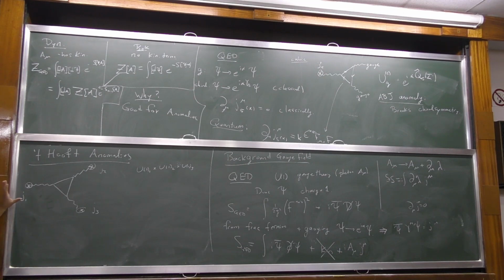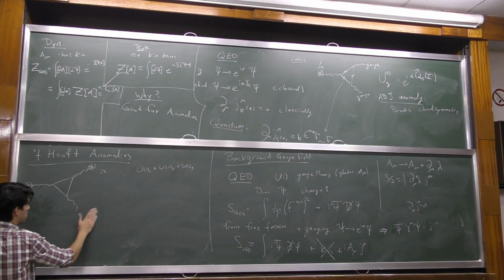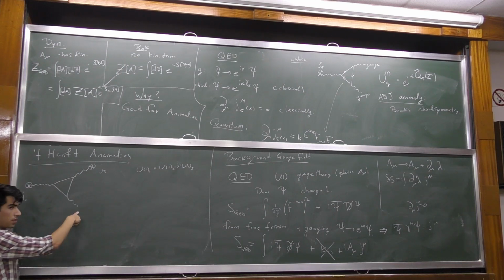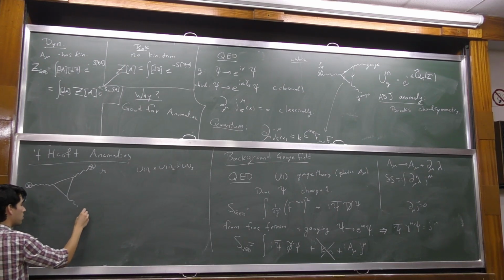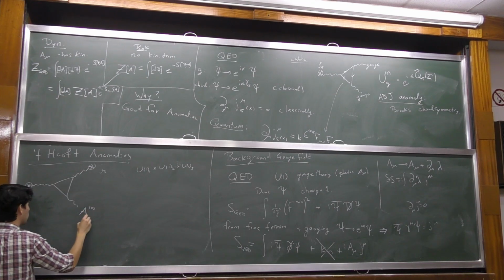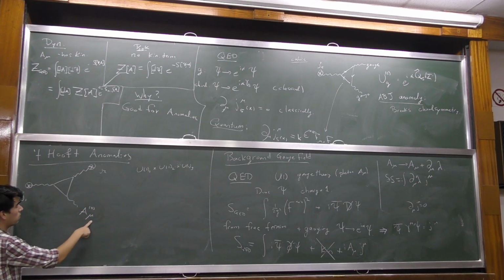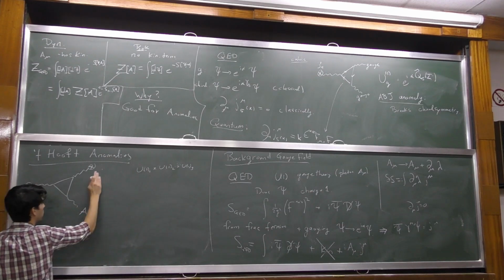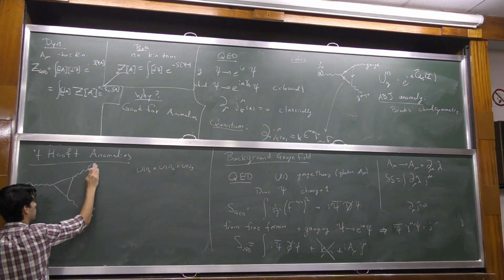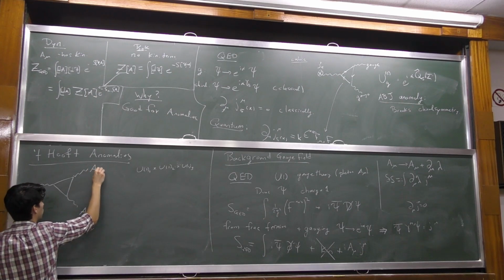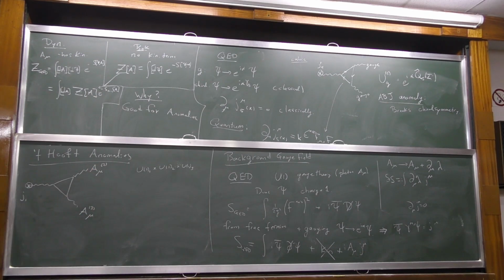The reason it is useful to turn on background gauge fields is that the computation of this anomaly now looks much simpler. You can replace the current here with the background gauge field, the photon for U(1)_2, or U(1)_3, sorry. And here you can similarly replace this with the photon for the second U(1) factor.